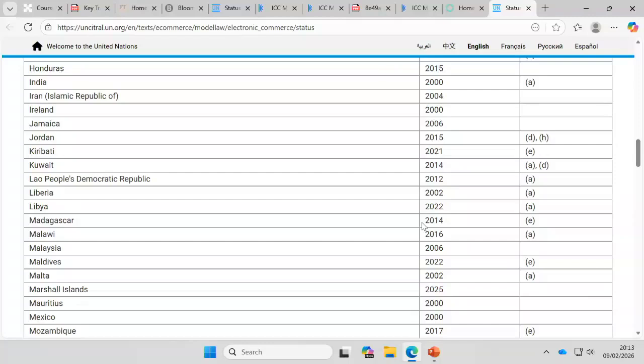Now, what you can see is it doesn't necessarily matter what the instrument is. A convention could be really successful. A model law could be really successful. We'll see lots of conventions that nobody has signed. And we'll see lots of model laws that nobody has implemented. So it's not necessarily the instrument that determines success.